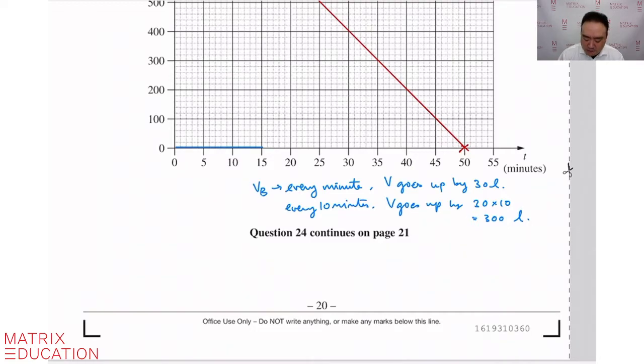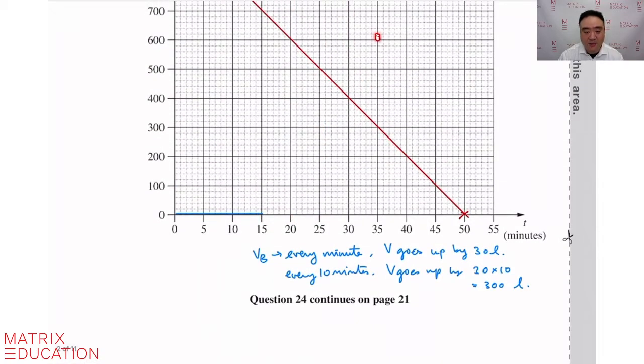So between 15 and 25, that's when the water gets added into the tank. My volume would shoot up to 300 because it starts off at 0, so it should go up to 300. What happens after another 10 minutes? Well, it goes up by another 300. So let's put a few points there.